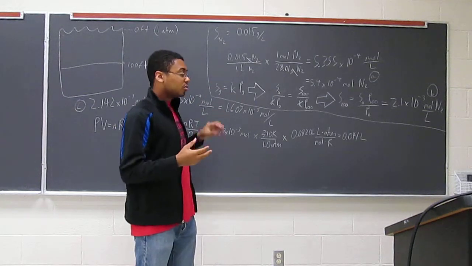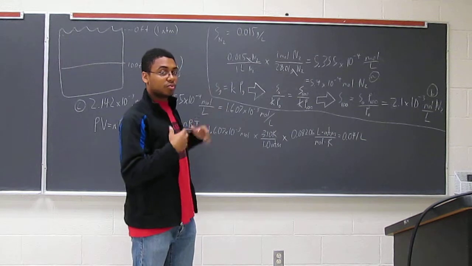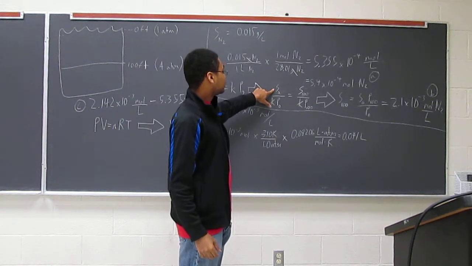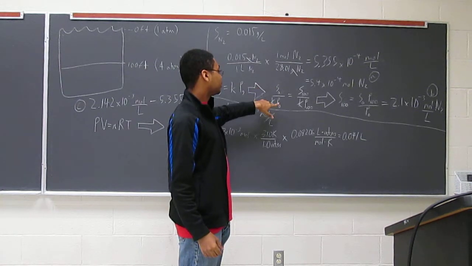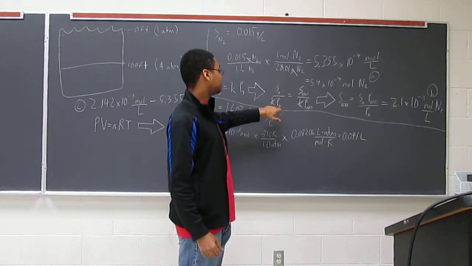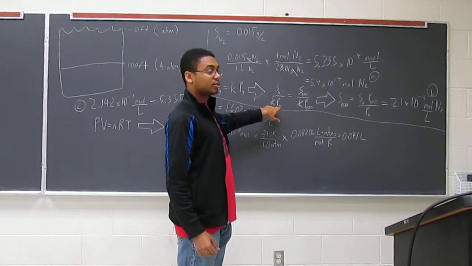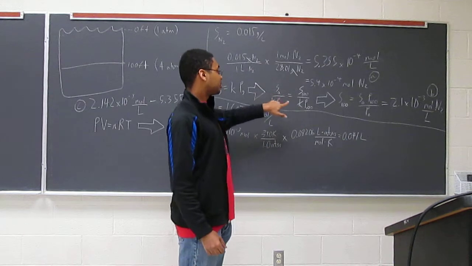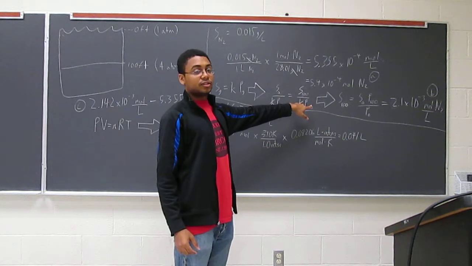And all ratios will equal each other, such that you can essentially have the solubility at 0 feet divided by the constant times the partial pressure at 0 feet, equivalent to that expression at the 100 feet condition.